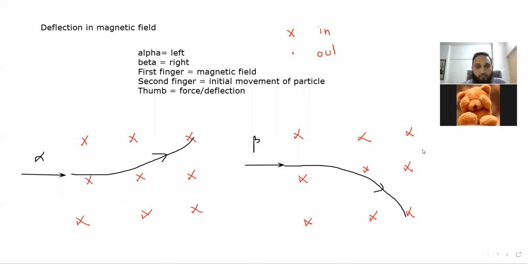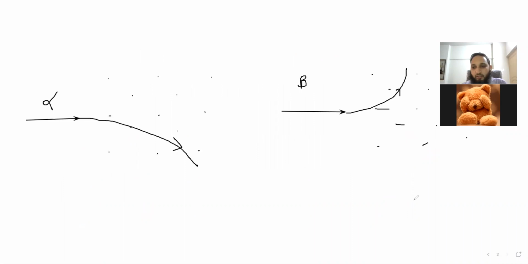Also, when you show the deflection, the deflection of the beta, because of its small mass, is more than that of alpha.